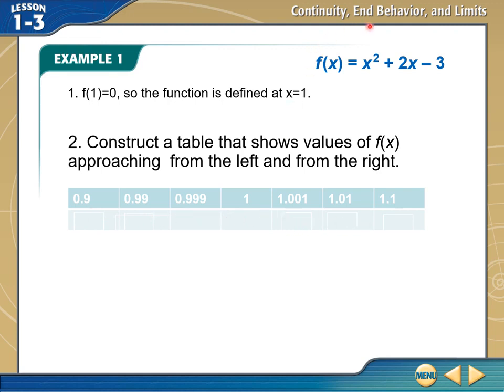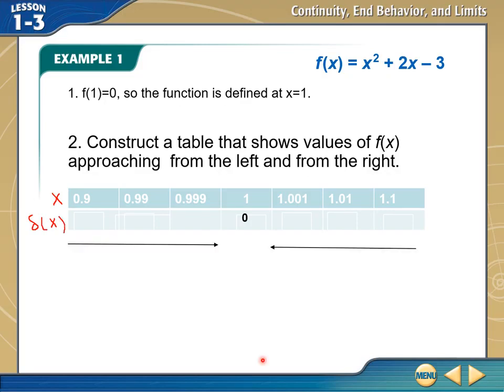I'm going to substitute them in my function and see. First of all, I know that at 1, f of x is equal to 0, right? We should all know, of course, that these are the x's and these are the f of x, or the outcome of the function. Now, you need to use the calculator to get all the other values.